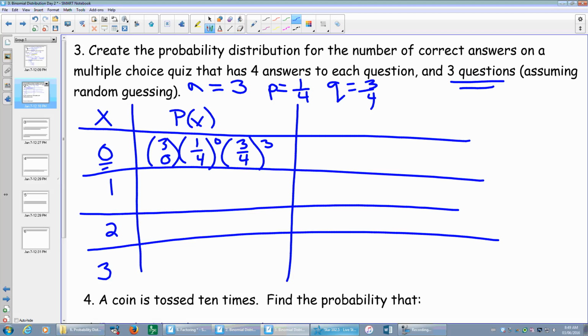Okay, give that to me as a percentage. Thank you. So there's a 42% chance that you will get no questions right on this multiple choice test.